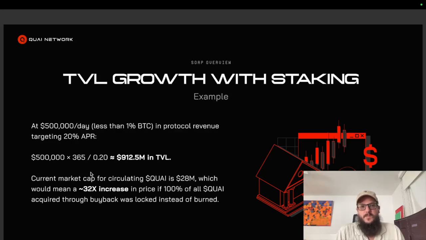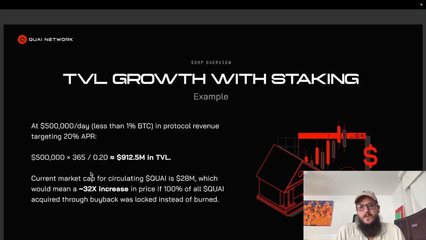So if you're doing $500,000 per day, which is 1% of BTC, and you're rewarding all of that to staking, it would basically mean you would need roughly 900 million in TVL.